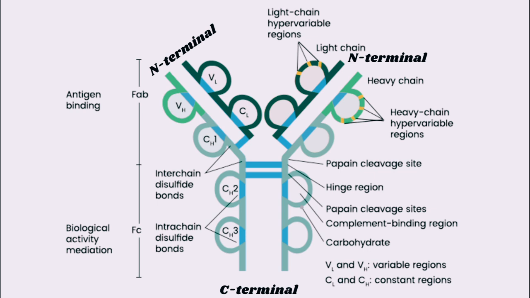And lastly, the region or the segment, if you have seen in the structure, the dog leg structure, the sharp turn between the Fab and the Fc region, or the fragment crystallizable region. You see a sharp turn is there. In the sharp turn, the concentration of the disulfide bonds will be more.